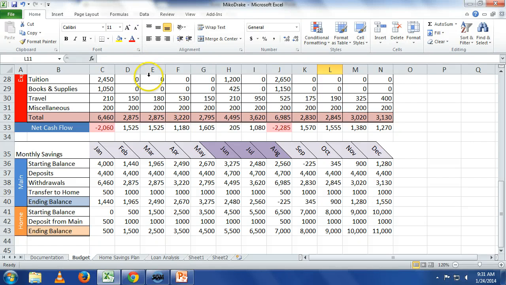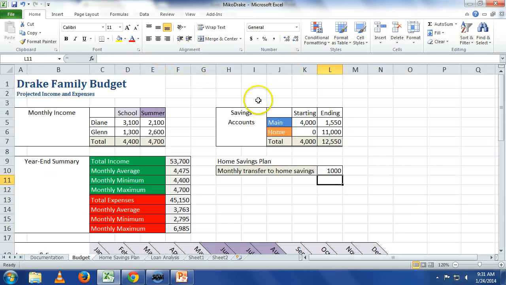Okay, let's go over to it wants us to look at date functions. We can look at date functions and financial functions. Let's stay in the same sheet. Let's go into I1, and let's enter the label current date.